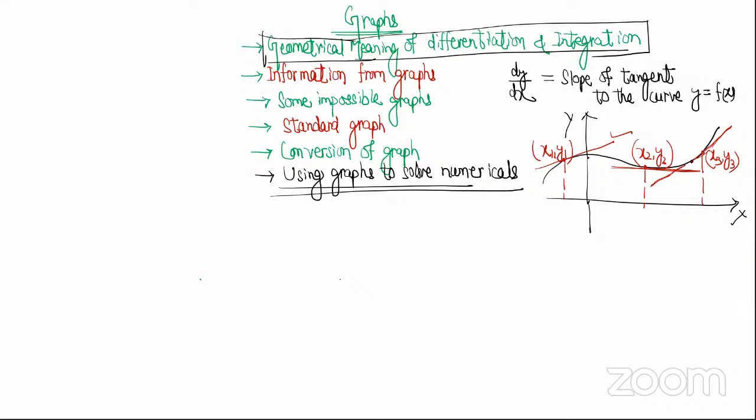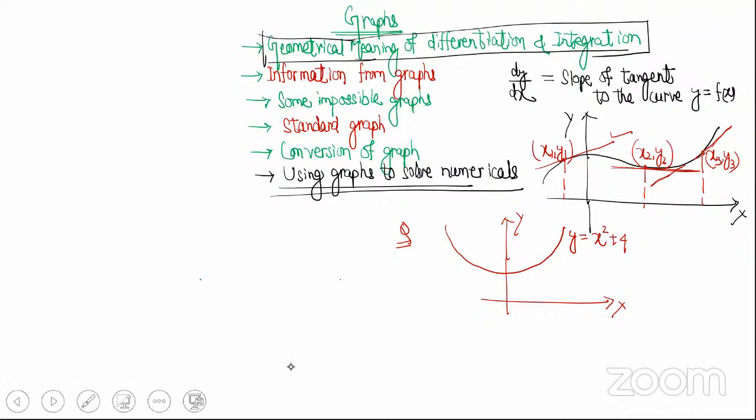चलो, एक क्वेश्चन सॉल्व करते हैं, पता चलेगा. So here is a graph. This is y axis, this is x axis. Its equation is, let's say, y equal to x square plus 4. Now, here is a point. At this point the x coordinate is 1. I want to find out slope of this line m.